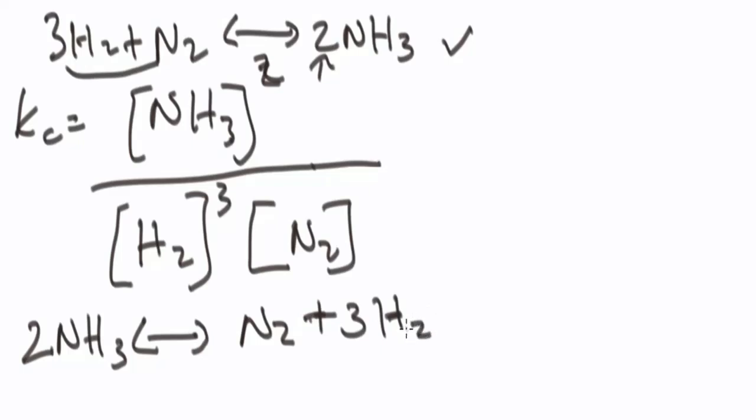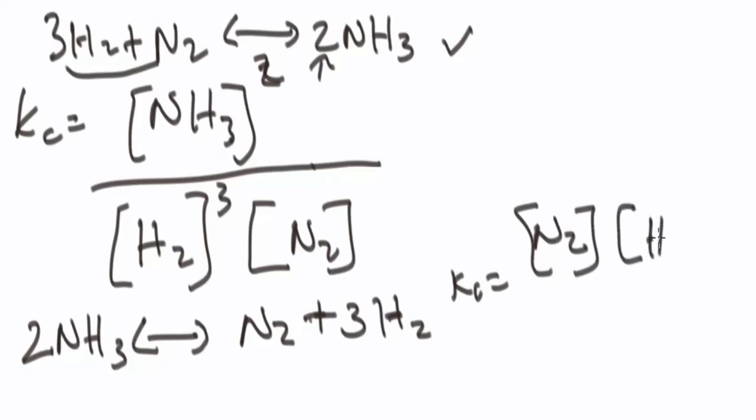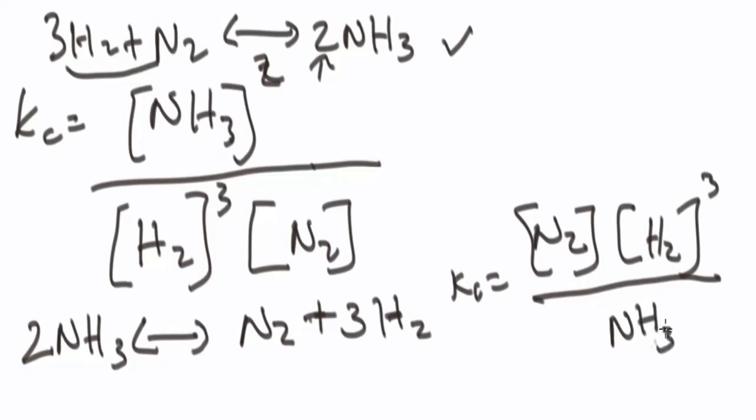So Kc will be, this time, nitrogen times hydrogen gas to the power 3 over ammonia to the power 2. So this will be the equilibrium constant expression for this decomposition reaction.